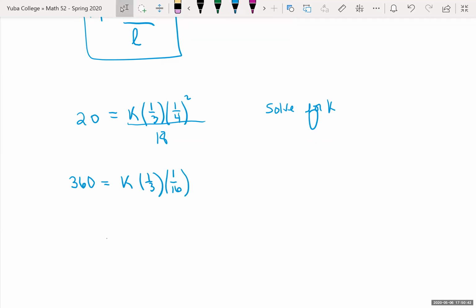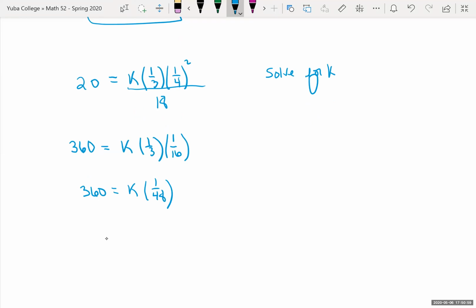So this is 360 equal to k times 1/3 times 1/16, that is 1/48. Multiply both sides by 48, we get that k is equal to 17,280.